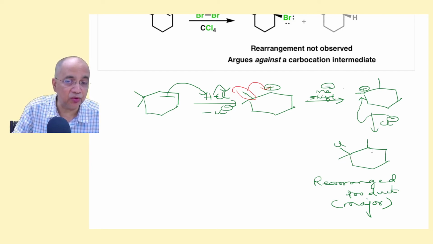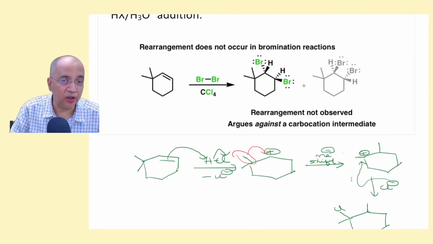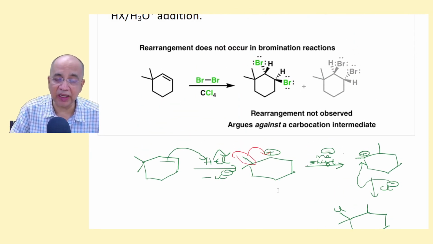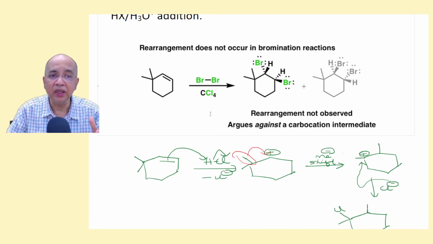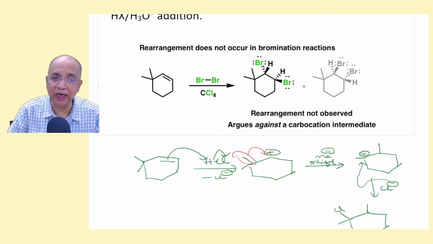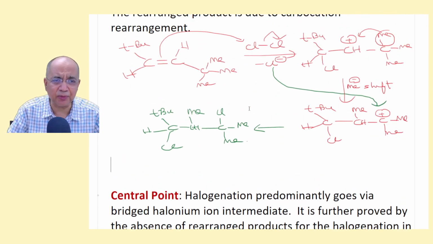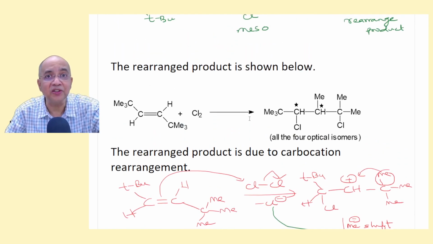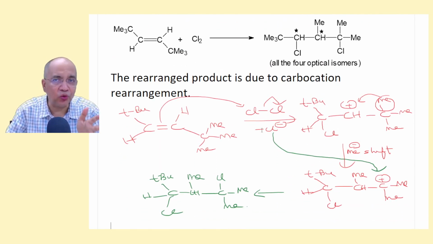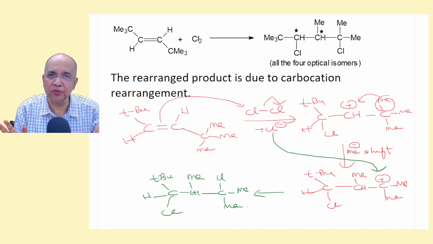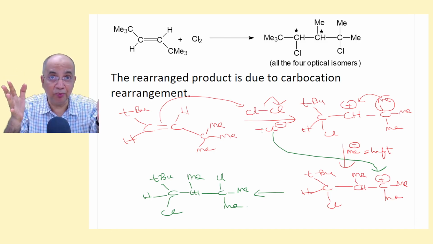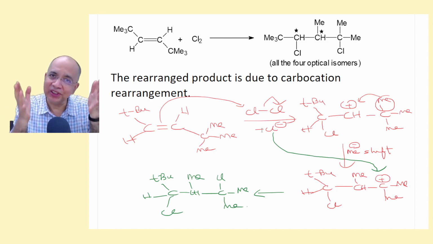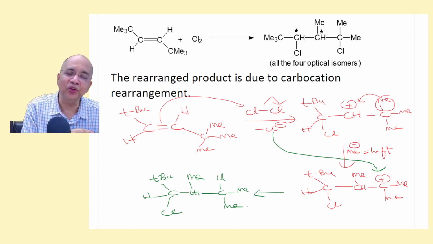So this new rearranged product is found if it had been a polar addendum like HCl or water. But halogenation is so unique that in presence of carbon tetrachloride or methylene chloride, no rearrangement takes place. This is the exceptional case of tert-butyl, and that too in trans, not in cis. Otherwise, no rearranged product is found, which beyond any doubt proves that it goes via a cyclic halonium ion intermediate.